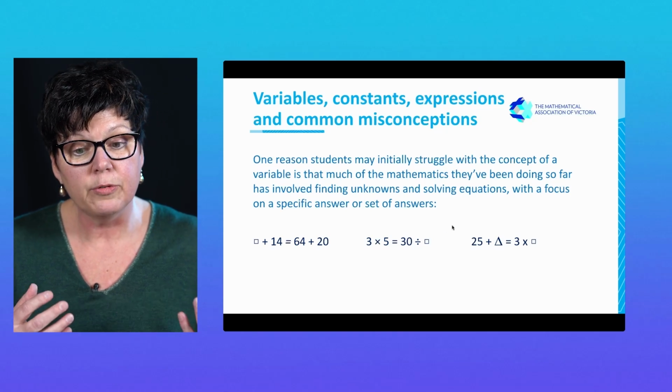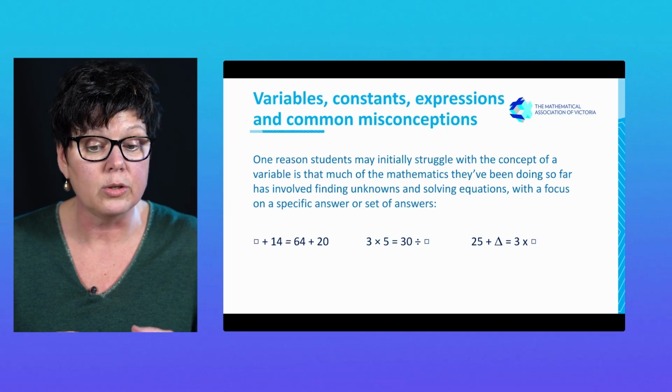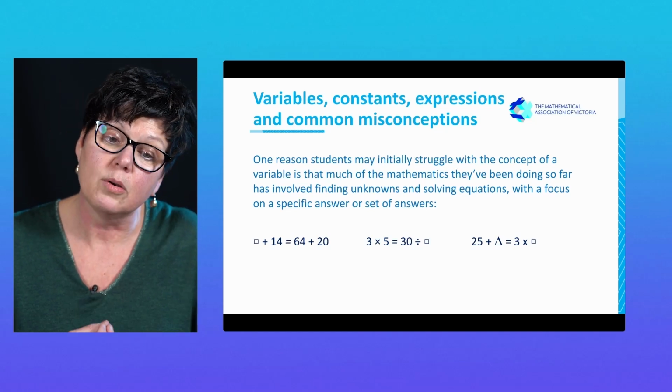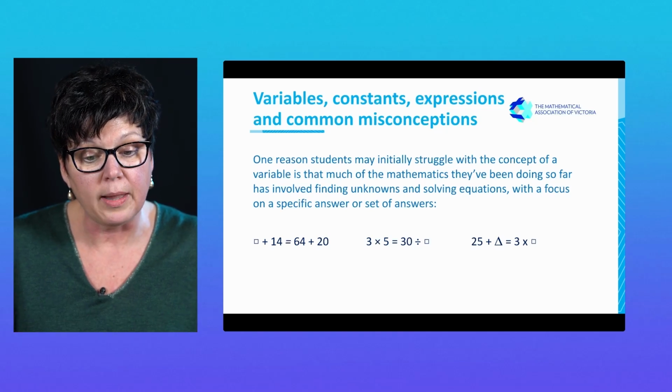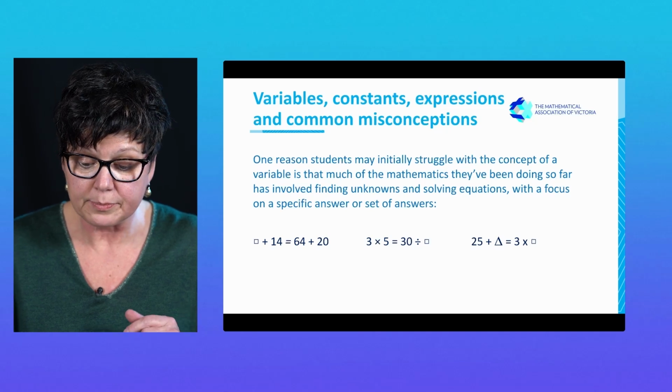So I think it's helpful to understand that it makes sense that initially they're going to view a variable as more of an object because that's where they've come from. So being aware of that might help how you explain and frame what a variable is.